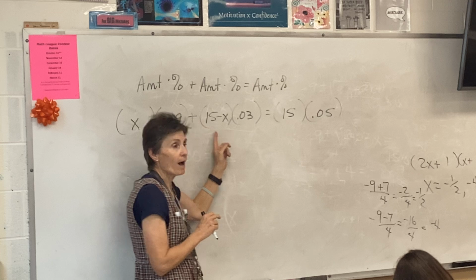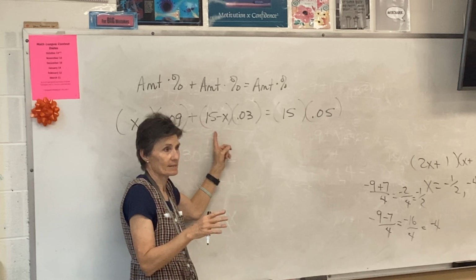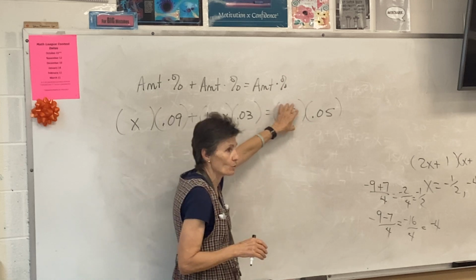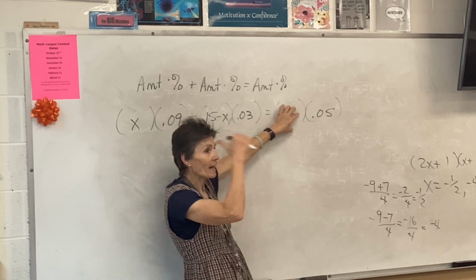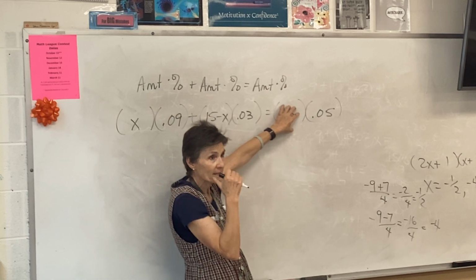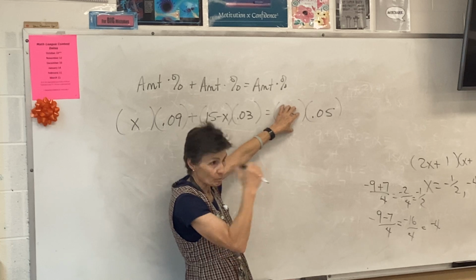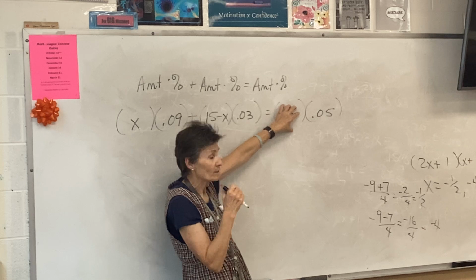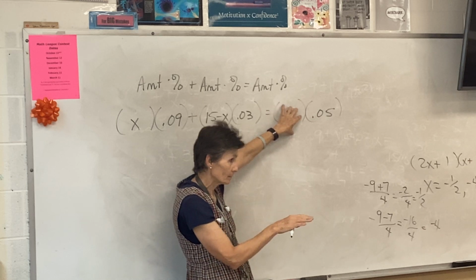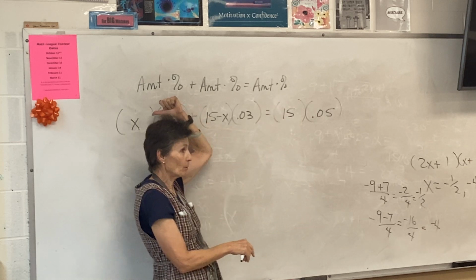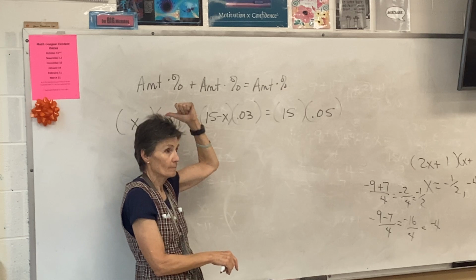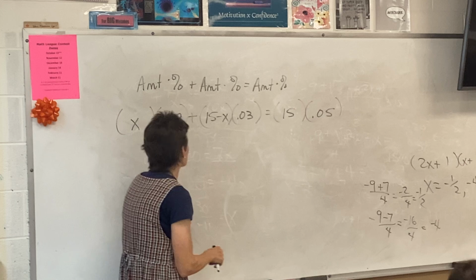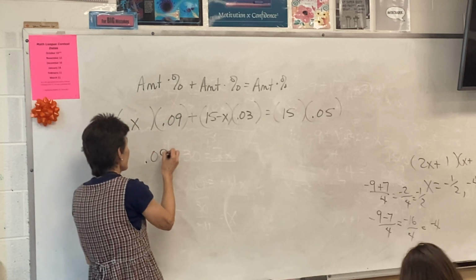So this cannot be 15 plus X, because that would be more than 15. This is the most right here. So instead of adding, I'm going to have to subtract, because I need a smaller amount. So it's 15, which is the total, minus whatever I put in the bucket first over here. So 0.09X.